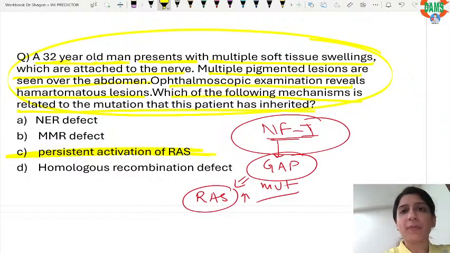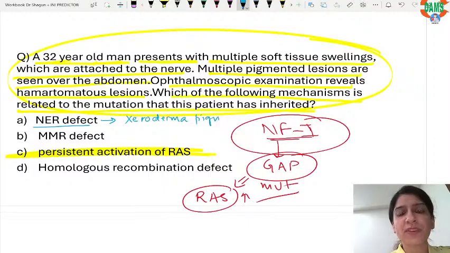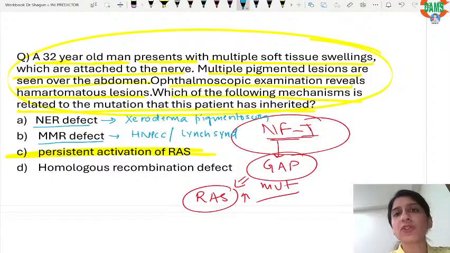Now if I look at the rest of the options, NER, nucleotide excision repair defect, yes, it leads to xeroderma pigmentosum, in future leading to skin cancers. MMR, mismatch repair defect, leads to HNPCC, also called Lynch syndrome, in future leading to intestinal adenocarcinoma.